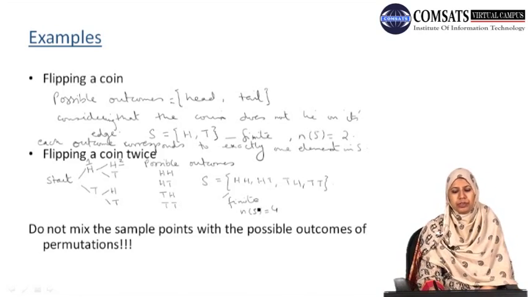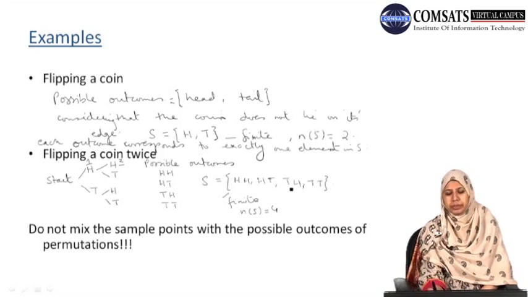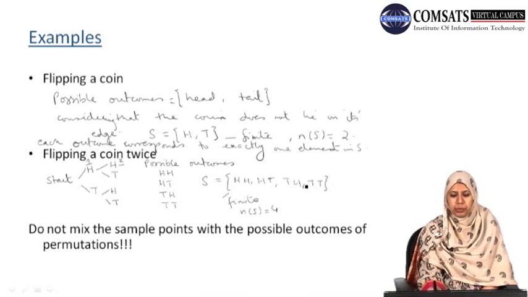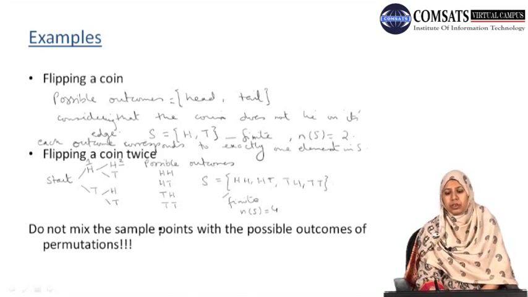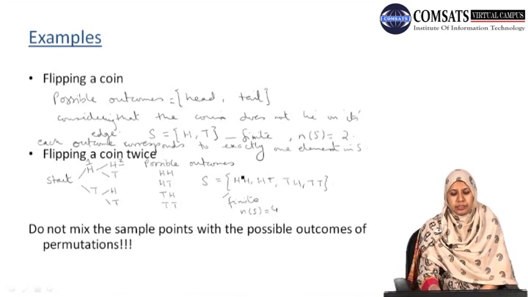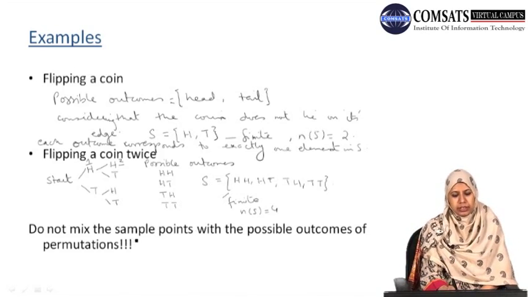Okay, if we look carefully at our sample space, for example in our second example, then we must not mix the sample points with the possible outcomes of permutations and the possible outcomes of combinations.